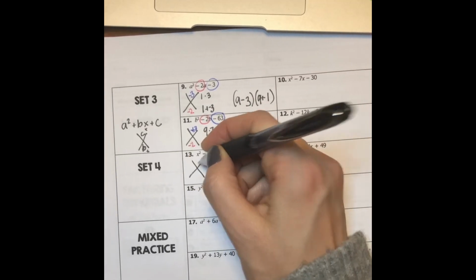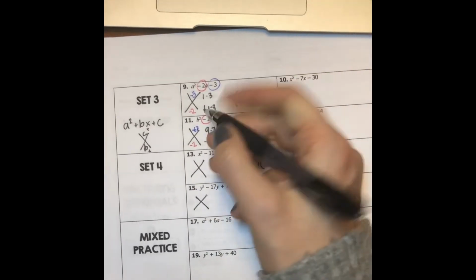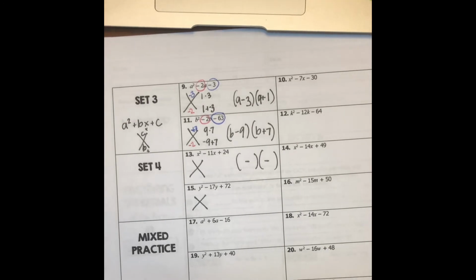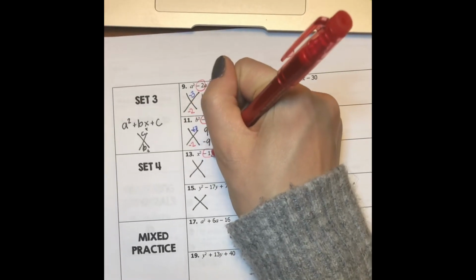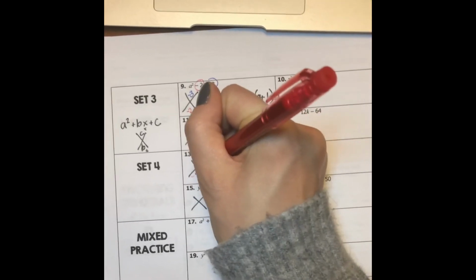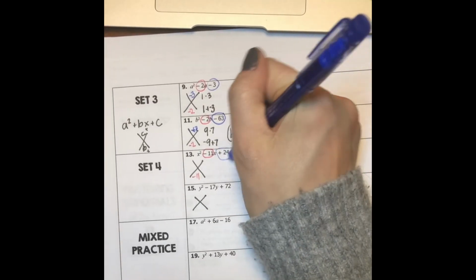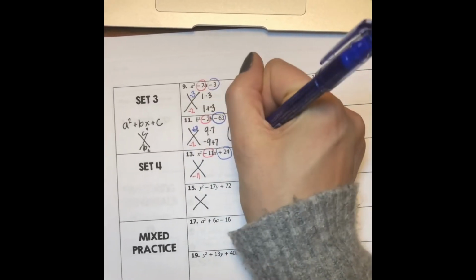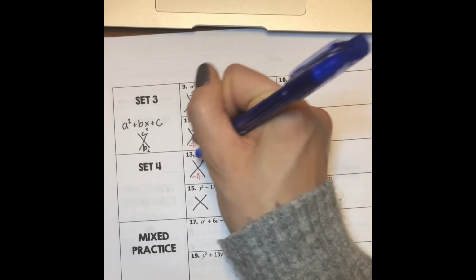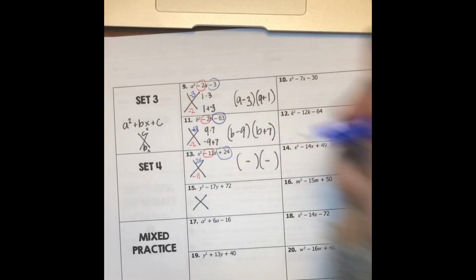So when we make our X puzzles, remember our C and our B. Our B is -11, but our C is positive. So when I multiply, I need numbers that are going to equal a positive number.